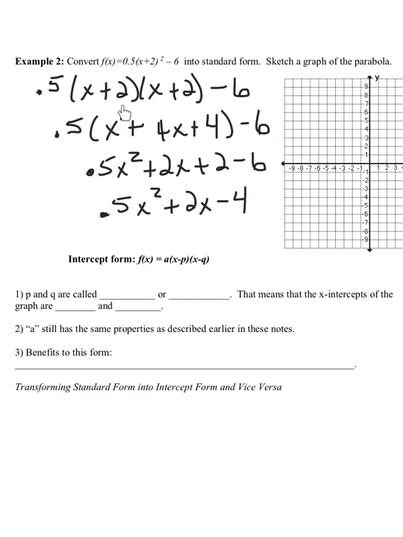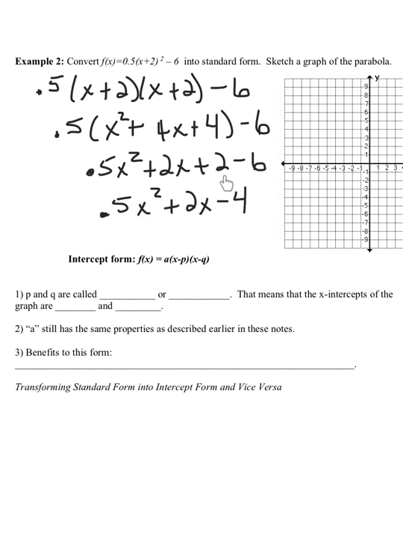Then I multiply them together by foiling, and I get x squared plus 4x plus 4. Then I multiply through by the 0.5. I'm just going to distribute that all the way through, and I get 0.5x squared plus 2x plus 2, and then I still have this minus 6 on the end.